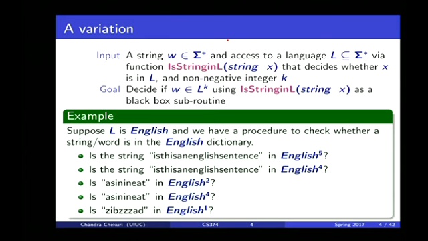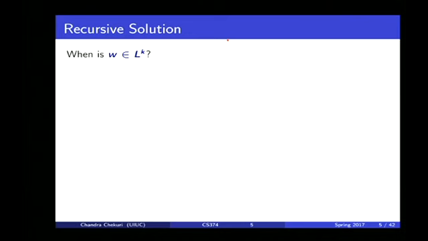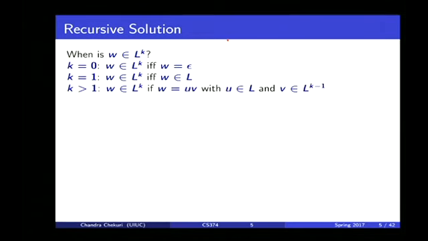So how do we solve this problem? When is a string in L to the k? My claim is, if k equals 0, W is in L to the k if and only if W is epsilon.